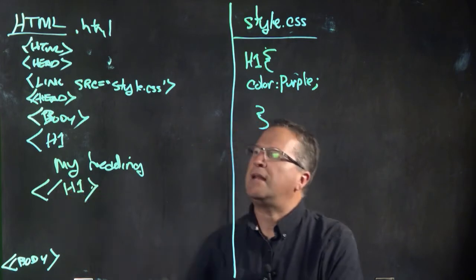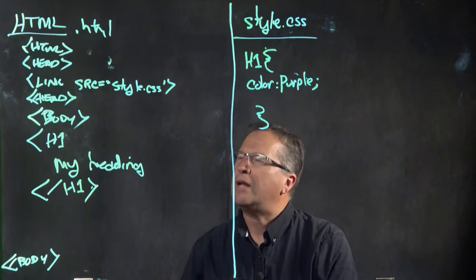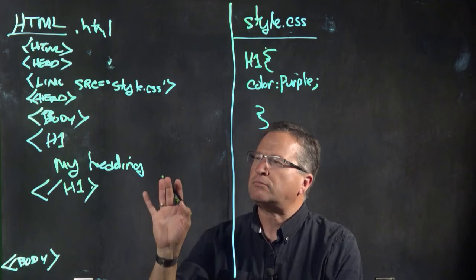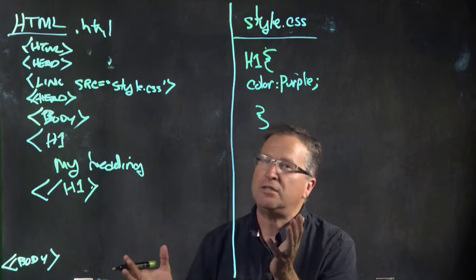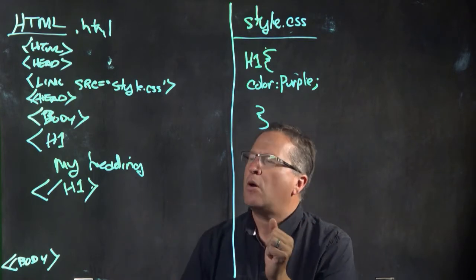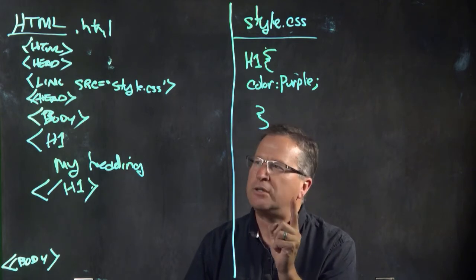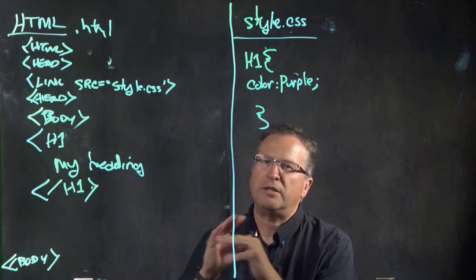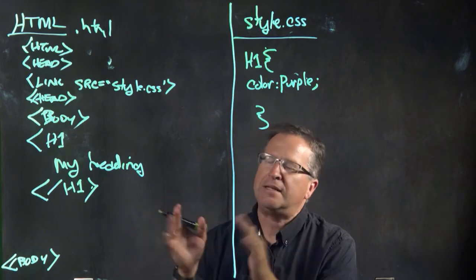So now I've closed the heading 1. I can group these types of headings into classes, think of a class like a group of students, or I can assign an ID, which is only once per page. So a class is for a whole group of tags, and an ID is only one.